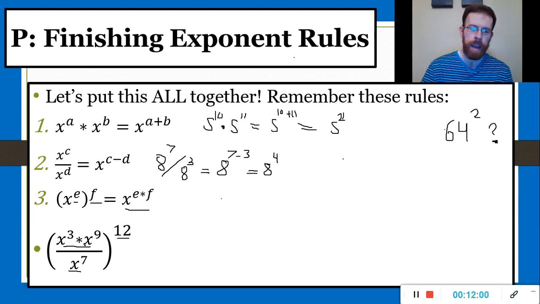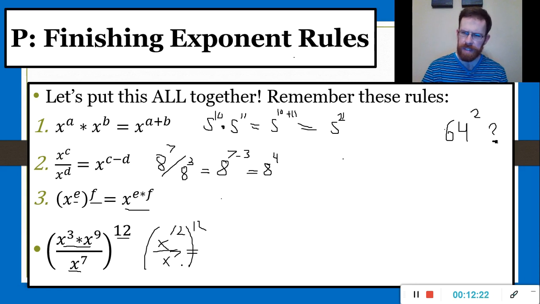So, x to the 3rd times x to the 9th, I'm going to add exponents, right? Well, what's 3 plus 9? That's going to give me x to the 12th divided by x to the 7th. At this stage, do the division.